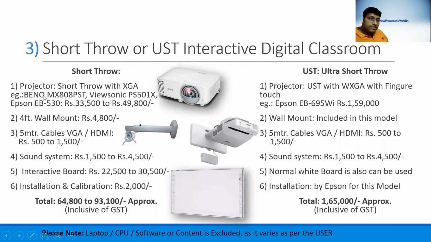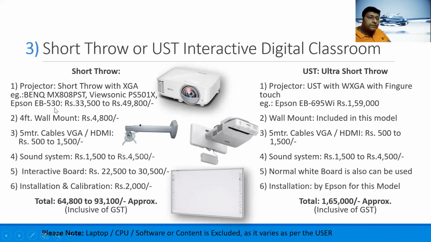In this also there are various ranges, like now we have taken 33,500 to 49,800. The only difference is the interface. Supposing the MX808 PST has only VGA, it doesn't have an HDMI port. So the pricing starts from 33,500.